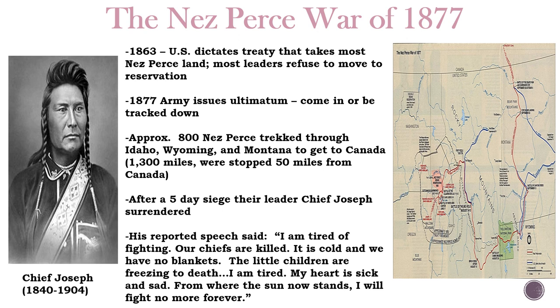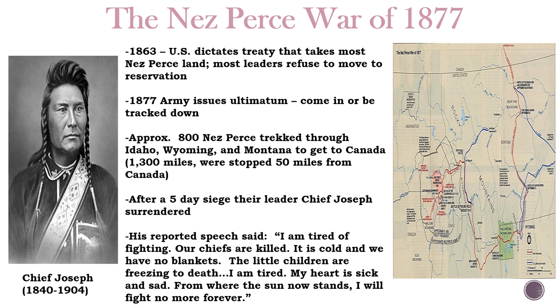Approximately 800 Nez Perce, under their gifted and charismatic leader, Chief Joseph, who you see pictured on the left, trekked through Idaho, Wyoming, and Montana to get to Canada. Native Americans generally fared better, or were basically left alone by the government in Canada, mainly under British control and independent of Great Britain.